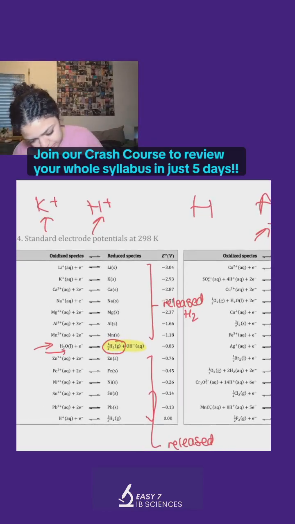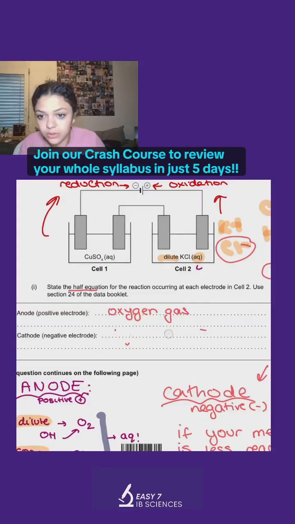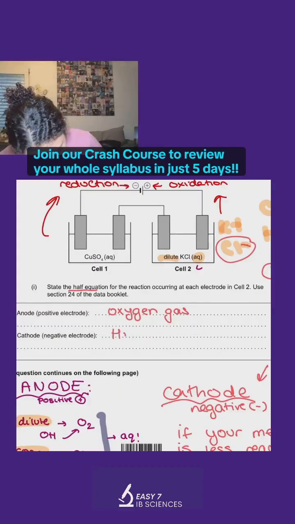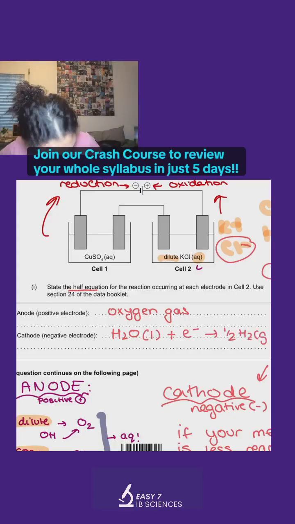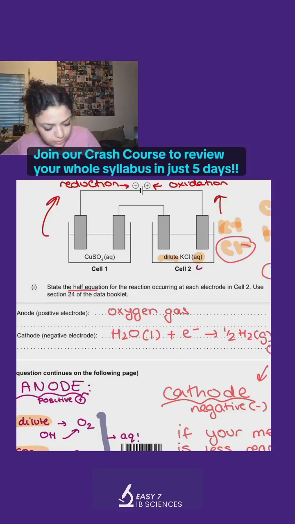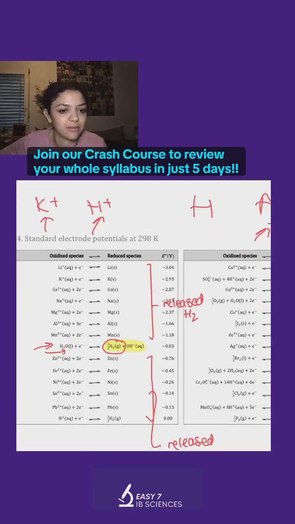So I have my H2O here, plus my electron to form my 1/2 H2 gas plus my OH minus. Okay, you just formed your H2 gas. And actually, if you don't even mention the OH minus, you still get the mark. But I just like copying exactly what's in the data booklet so I don't make a mistake.